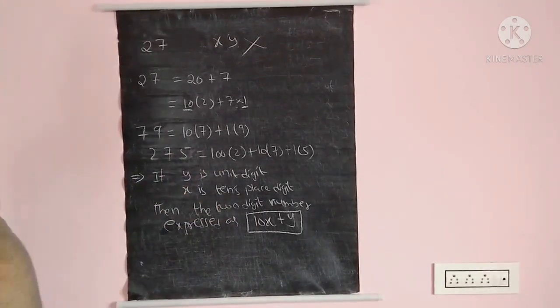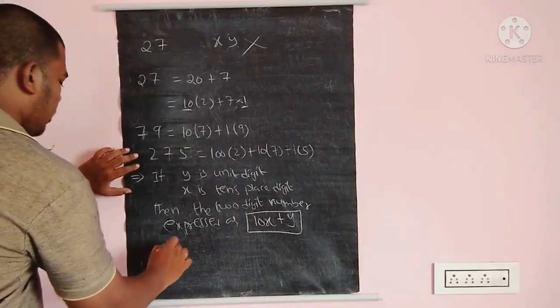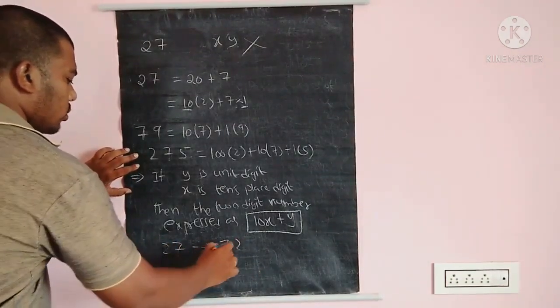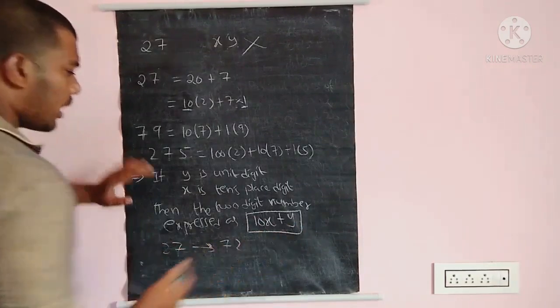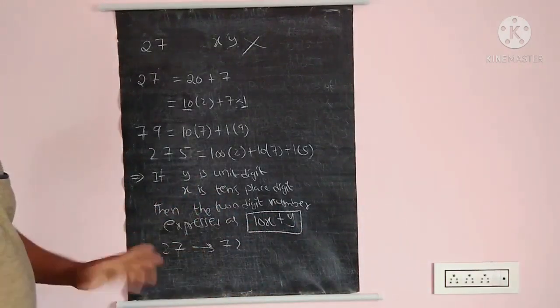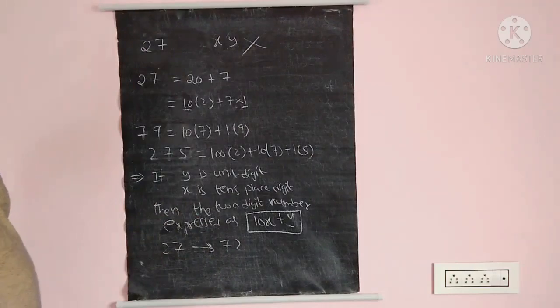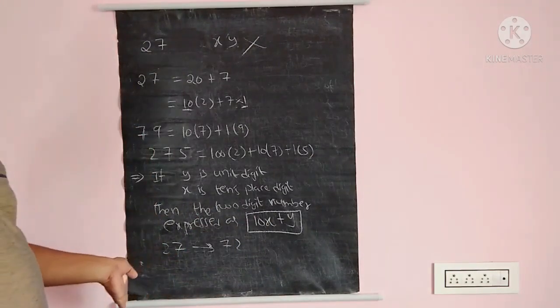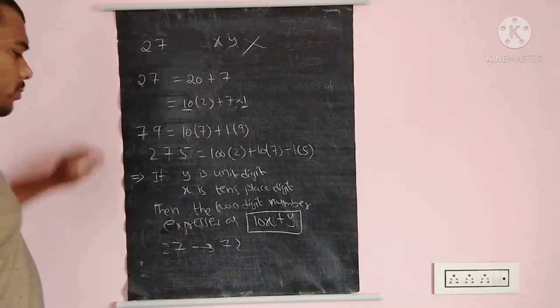Suppose the number is reversed. For example, 27 reversed means 72. Here reverse means you should not write y plus 10x. Reversed means the digits are interchanged. The digit which is in the units place moves to the tens place, and the digit in the tens place moves to the units place.